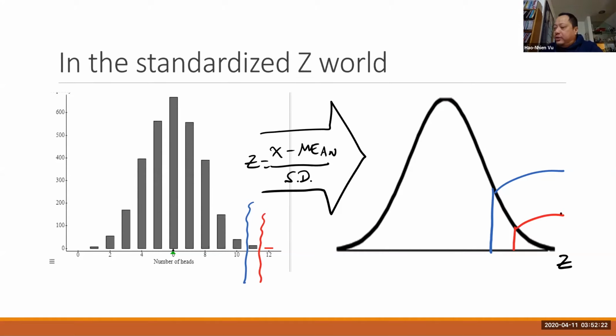Each of these parts has two components. It has the cutoff on the z-axis, and it has the area. This cutoff here is called the critical value, which I will abbreviate CV. And this shaded area is the alpha, the significance level. The part that the data give us, this part here, is called the test statistic. And this area is the p-value.